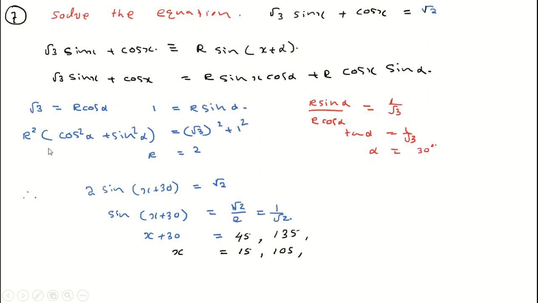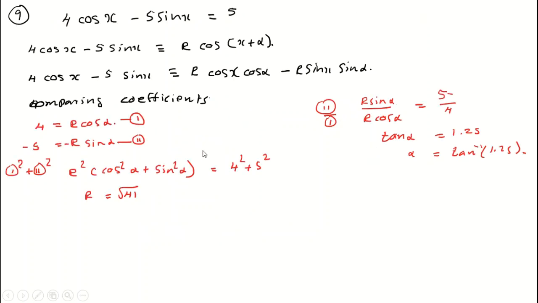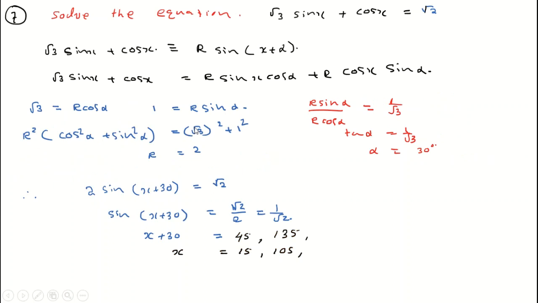R squared is equal to 4, r is equal to 2. Then if you divide these two equations, r sin alpha over r cos alpha is equal to 1 over root 3. Tan alpha is equal to 1 over root 3. Alpha is equal to 30.